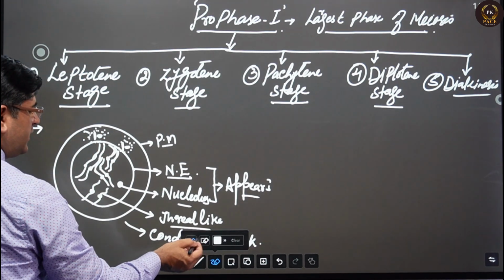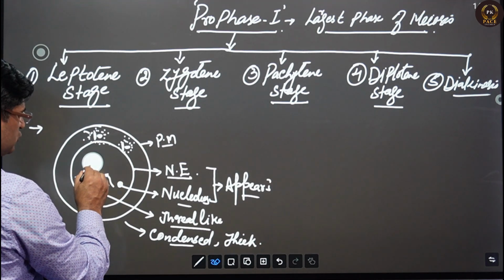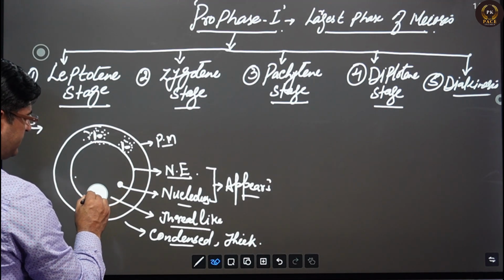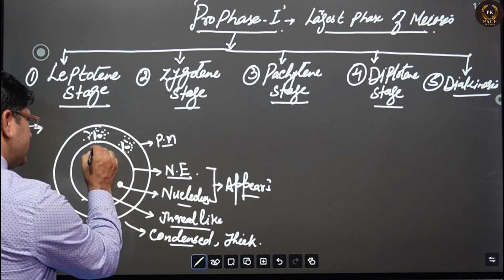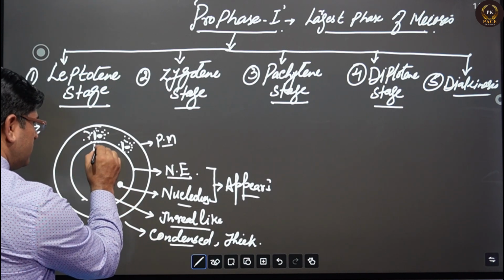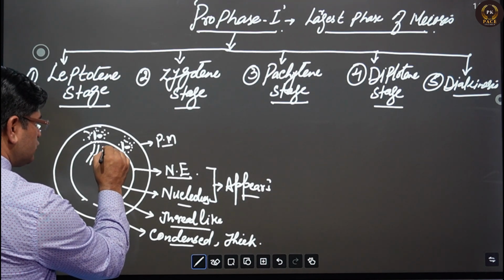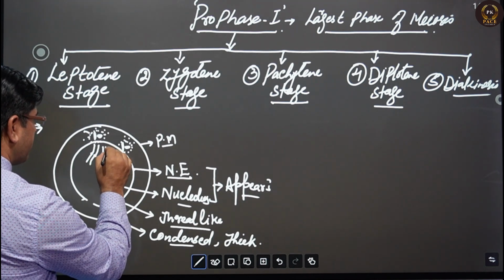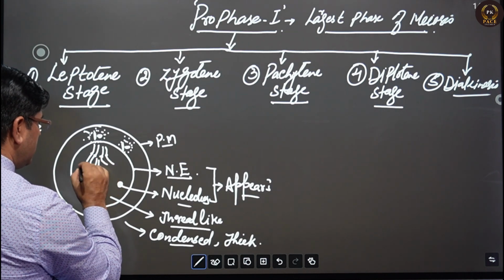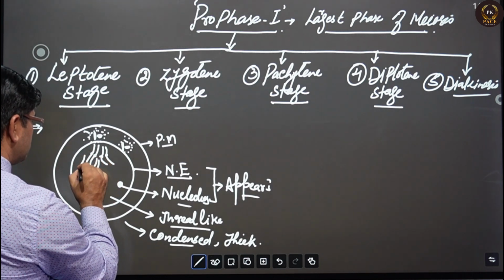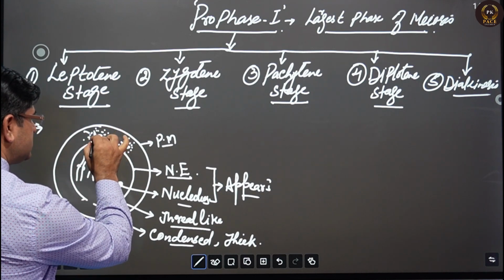If you see these chromosomes inside the nucleus, one end of most of the chromosomes moves towards the centrioles.